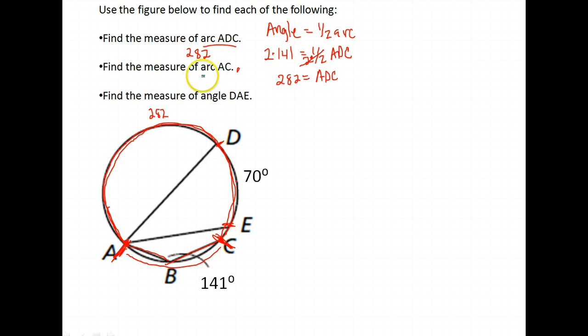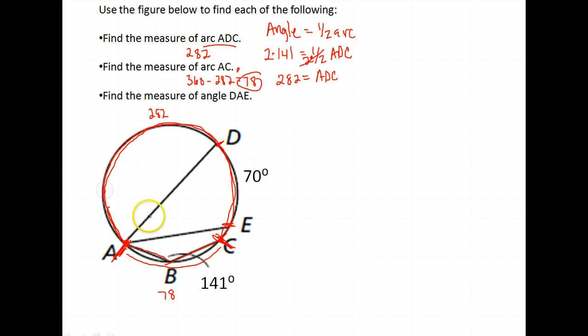Remember, a full circle is 360. So to find the leftover part, we take our 282 that we found for the other part of the circle and subtract from 360, and that will tell us what is left. And we get 78 degrees. Okay, so the arc from A to C is 78 degrees.